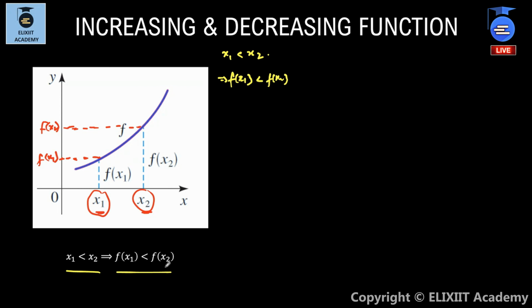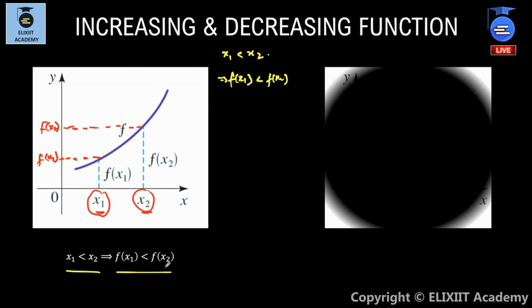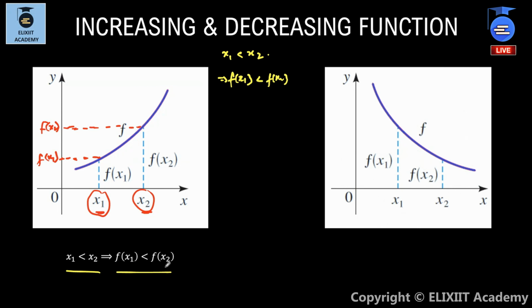Second is the decreasing function. What is a decreasing function? For larger inputs, you will get lower outputs. As you increase the input, the outputs keep on decreasing. Accordingly, this is the graph of a decreasing function, F is decreasing.